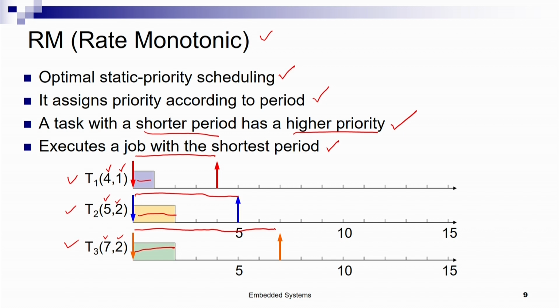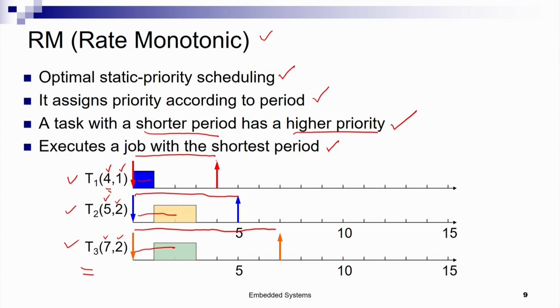Now, how does scheduling proceed? First, at time 0 we have all 3 tasks T1, T2, T3 ready to execute. Among them T1 is the task with the shortest period 4. So, T1 gets a chance to execute. After the first job of T1 completes execution, I know that the second job is only going to arrive at time 4.